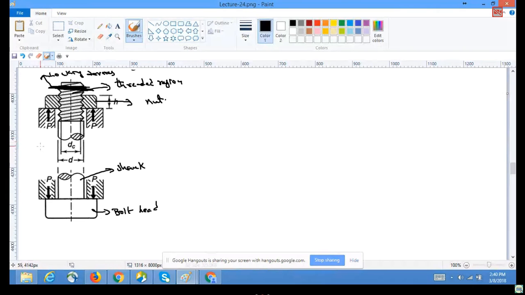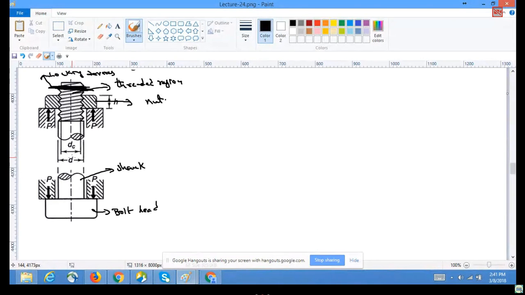So anyway, the amount of pre-tensioning you give it by tightening also keeps the load, and the pre-tension in the shank of the bolt will also matter.